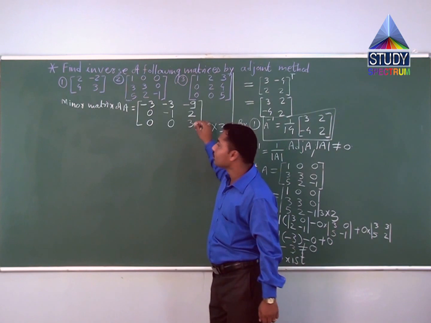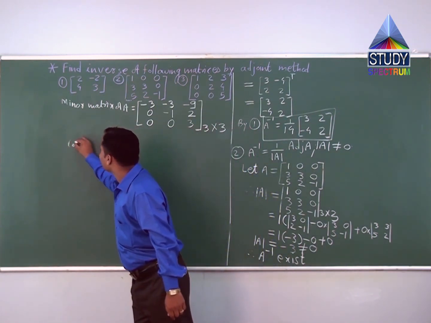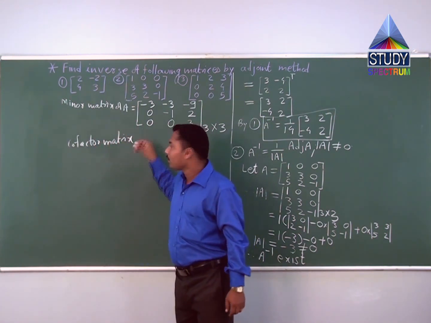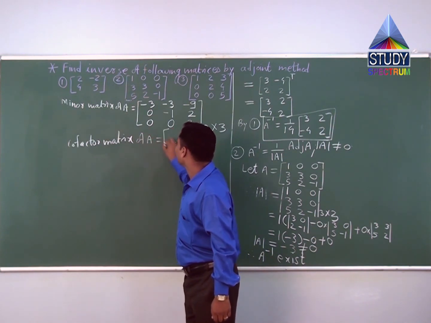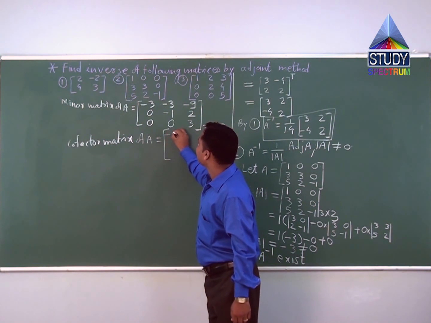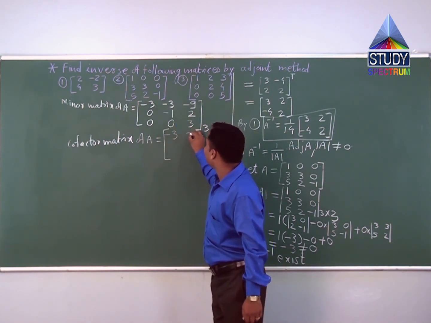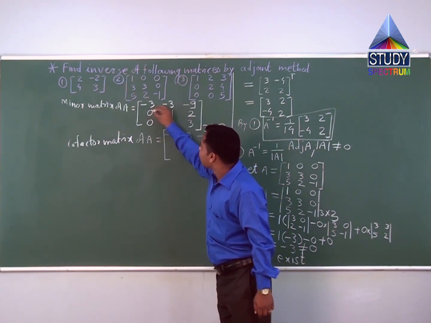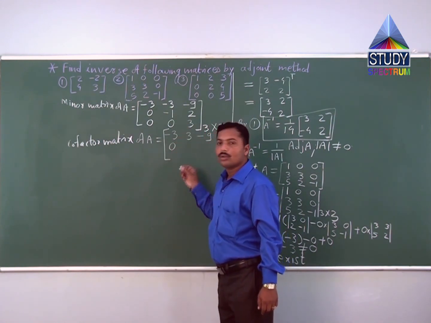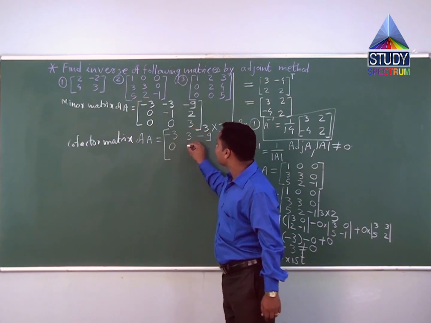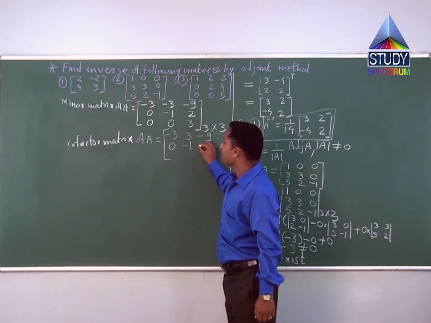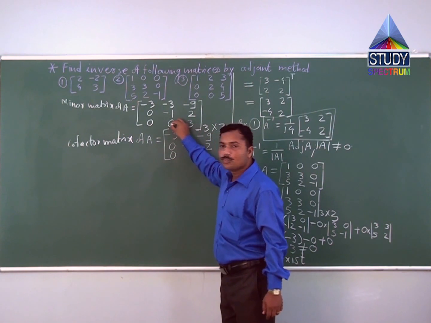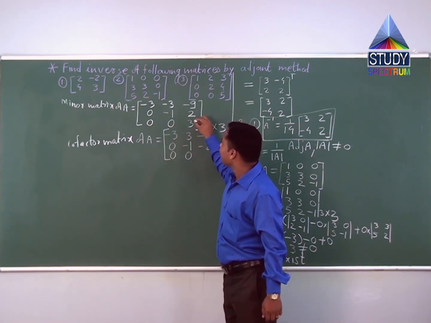So cofactor matrix of A equal to: no change means minus 3 becomes plus 3, no change by sign means 0 becomes minus 0, which is only 0, no change means as it is minus 1, change plus 2 becomes minus 2, no change as it is, change means plus 0 becomes minus 0, which is always 0, and no change.